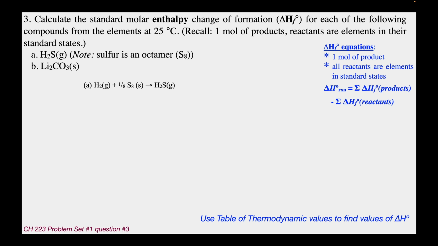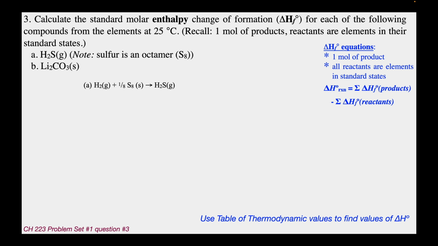So the heat of formation equation then would be this: H2 gas plus 1/8 of S8, because 1/8 times 8 is 1, which is the 1 sulfur we need, and that's going to make H2S. Oh boy. So again, with the formation reactions, you will probably end up using some fractions. I don't encourage that normally, but even I have to use it here. What are you going to do?